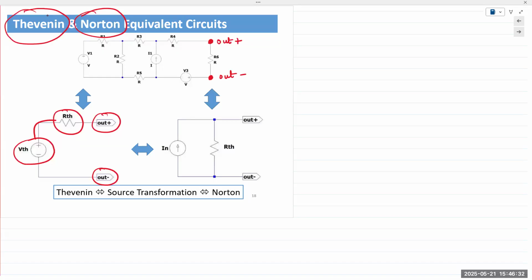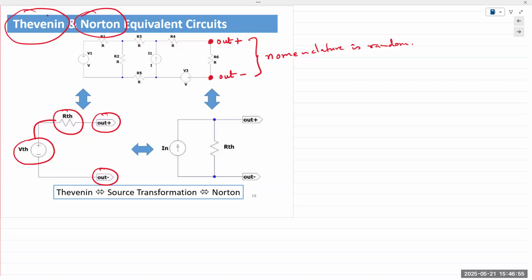It doesn't mean anything. Nomenclature is random. It may as well be Batman plus and Robin minus. It's A, B, X, Y, whatever you want to call it. Those are the terminals of analysis.